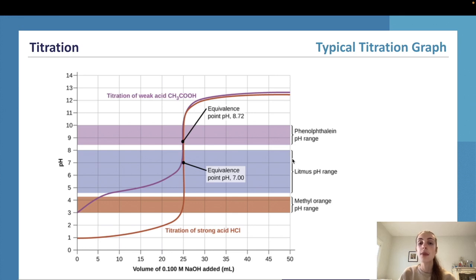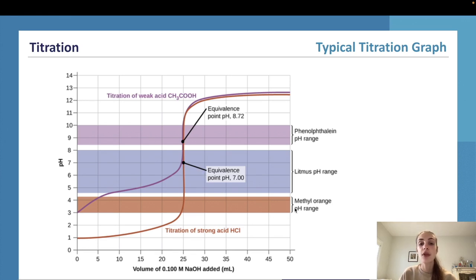Then we can see a litmus pH range. So litmus might be used for a strong acid, strong base reaction, and that's because it has a pH range which is fairly neutral, so from around 4.5 to 8, so you can capture that equivalence point of pH 7.